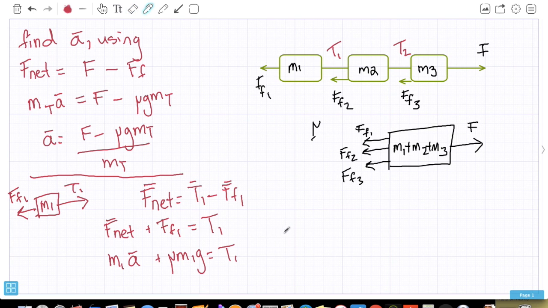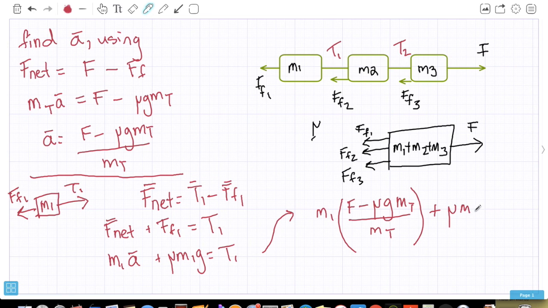And we get M1 times F minus mu G MT over MT plus mu M1G. That's equal to T1. So does this make any sense?